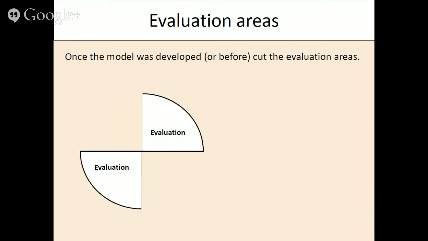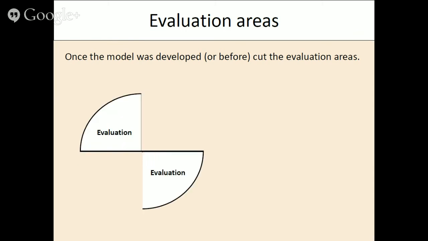We are going to do this first only for these areas, and then we are going to change the evaluation. The evaluation points are going to be for calibration, and the previous points used for calibration this time are going to be used for evaluation.